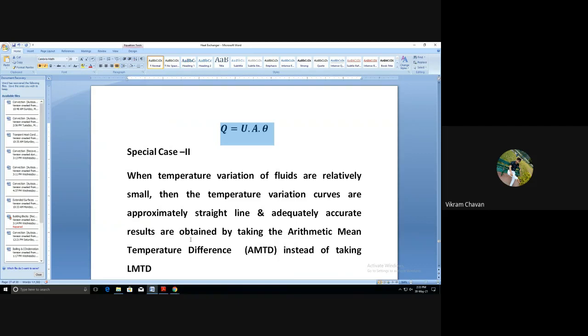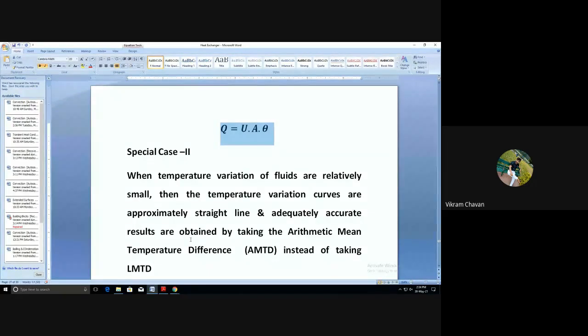So what do we have to do in that case, whether we have to apply the LMTD or go for another way? For the particular case where the temperature variations of a fluid are relatively small, the temperature variation curves are approximately straight lines, and accurate results in that case are obtained by taking the arithmetic mean temperature difference.